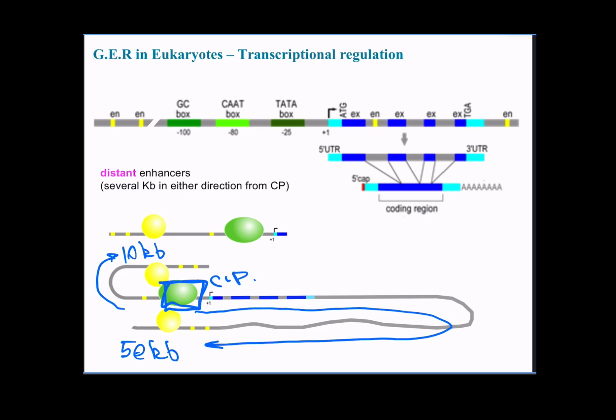How does that happen? We touched on this briefly when we talked about transcription, because of DNA looping. DNA at this scale behaves like a loose string.